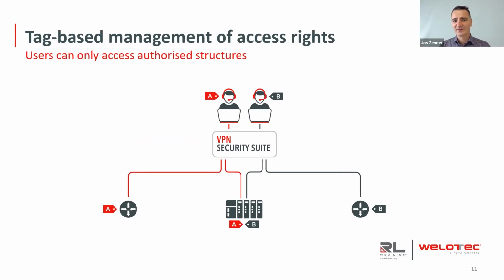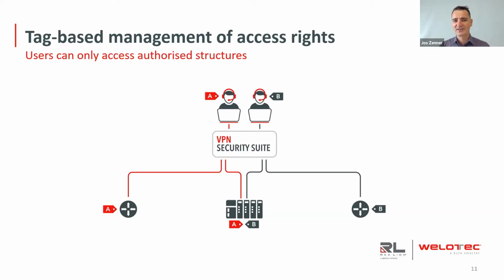And we also have, besides encryption, access control. So you can give rights, and we have a tag-based rights management. This tag-based rights management allows you to give tags to machines, devices, or devices behind devices to secure the access.